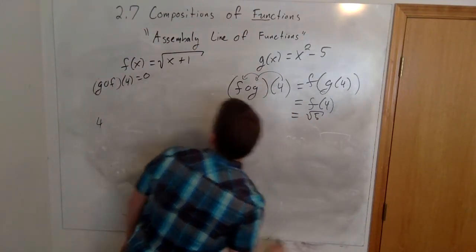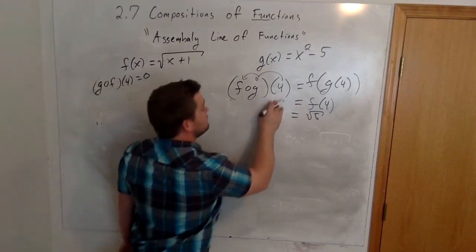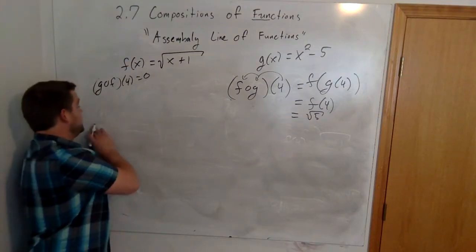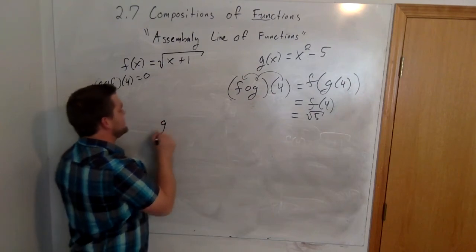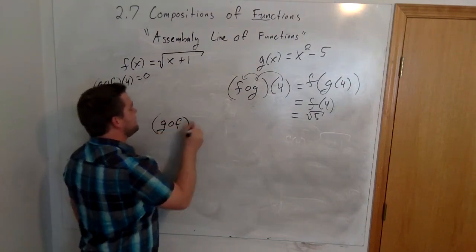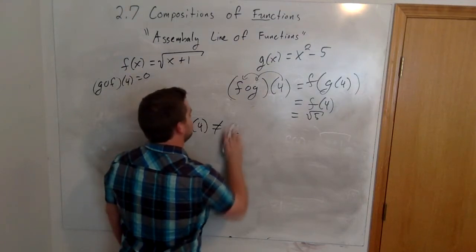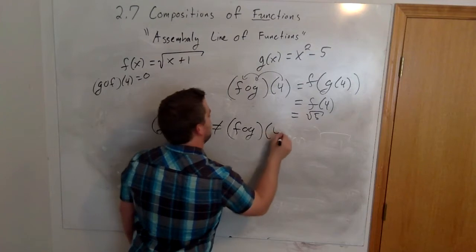Okay, notice here that g of f of 4 and f of g of 4 are not the same. This will usually be true. The order of composition matters. What we have here is that g of f of 4 is not equal to f of g of 4.